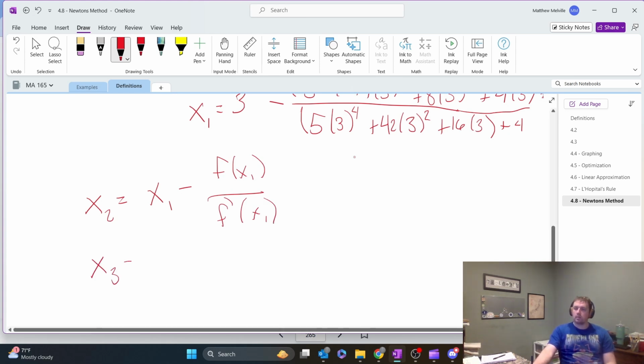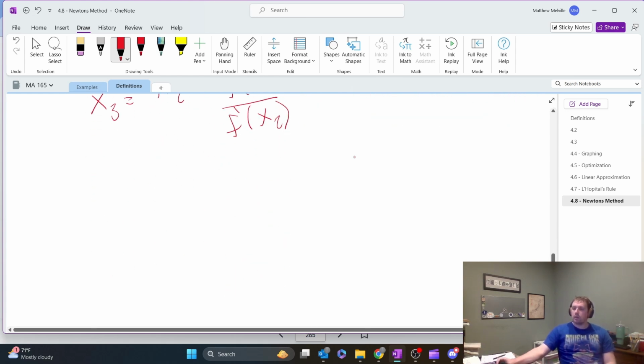X sub 3 is going to equal x sub 2 minus f of x sub 2, whatever we got there, over f prime of x sub 2. That'll give me x3. And then I'm going to keep doing this and keep doing this until I get repeated numbers.